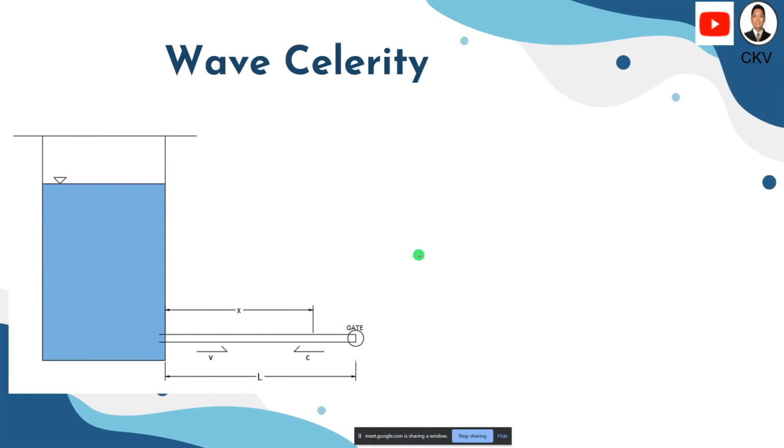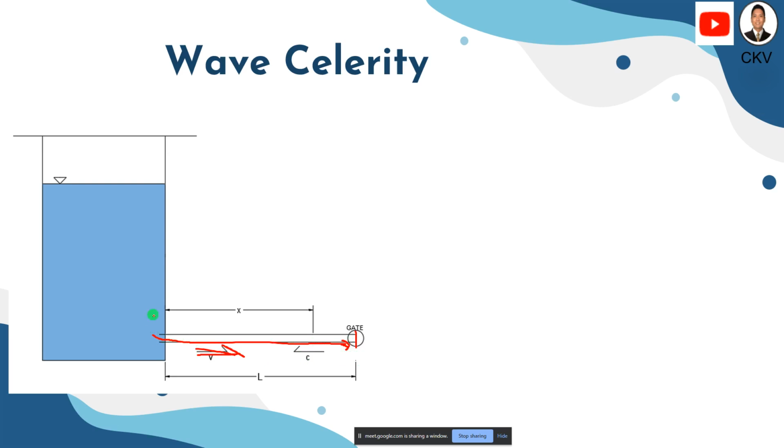So let's start first with wave celerity. Wave celerity is just the equivalent velocity of the sudden stoppage of the flow of the liquid. Initially we have a velocity of the liquid flowing through the pipeline. When we suddenly close that, there is stoppage of flow and a wave of velocity of stoppage, or what we call the wave celerity, like a backflow effect in our pipeline system.